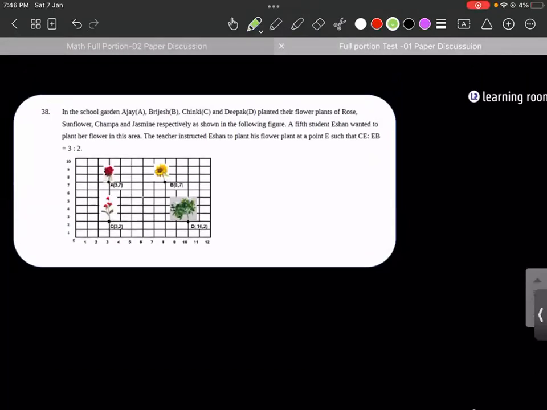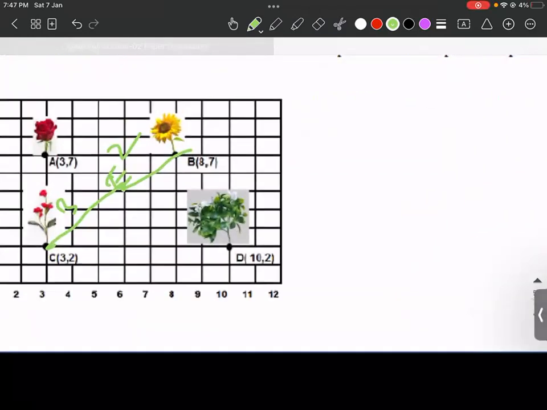CE to EB is 3:2. So 3 into 8, 24 plus 21 divided by 5. So 45, 45 by 5. That should be 9. Option A.